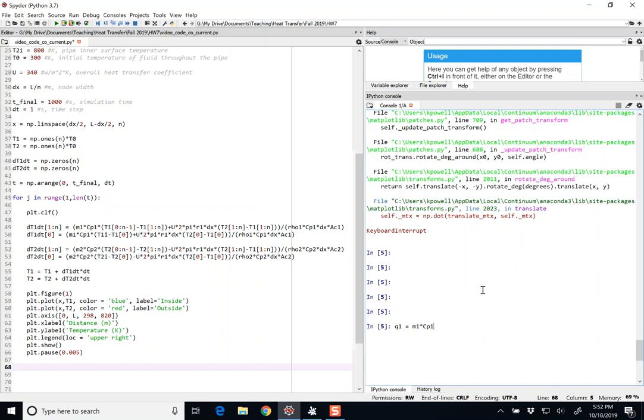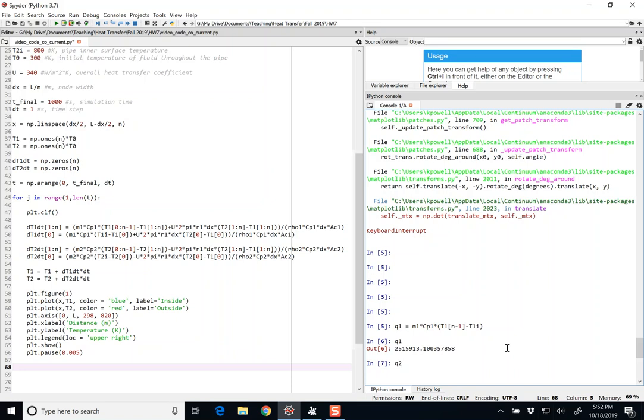So if we wanted to calculate the total amount of energy going into fluid 1, that would be M1 CP1 times T in our 99th node minus T1 inlet, and this is T1. All right, so let's see what Q1 is. So Q1 would be 2.5 million watts, or 2.52 megawatts.